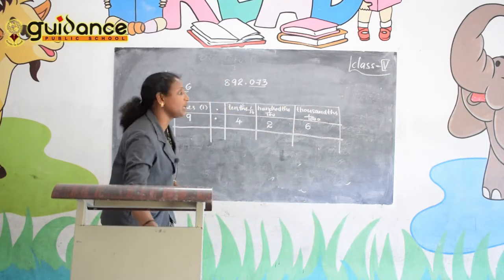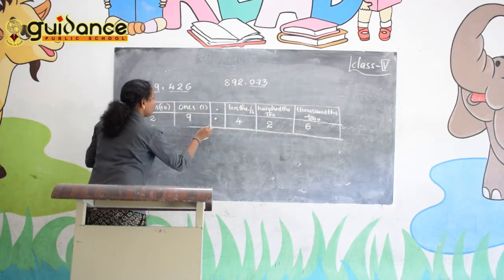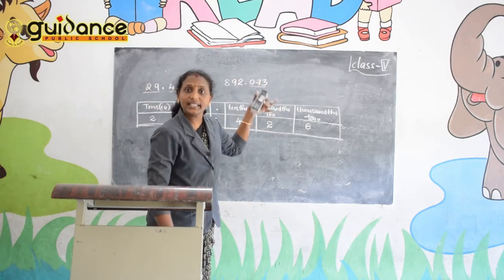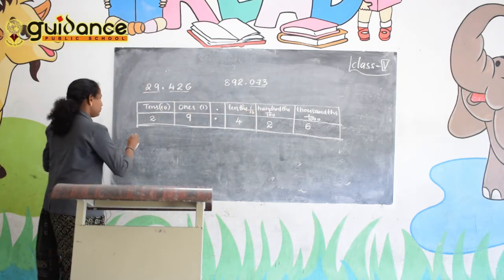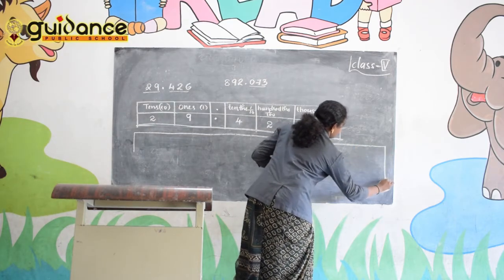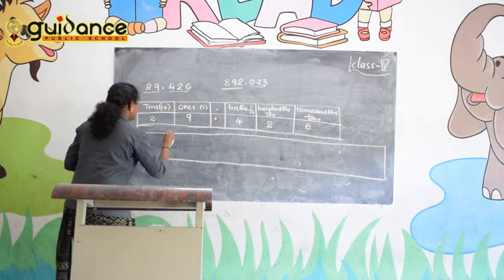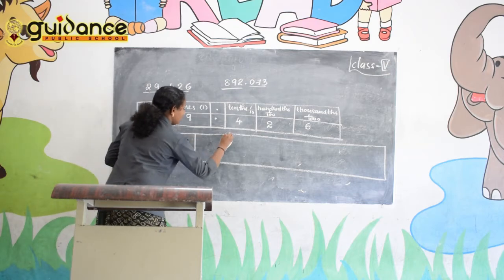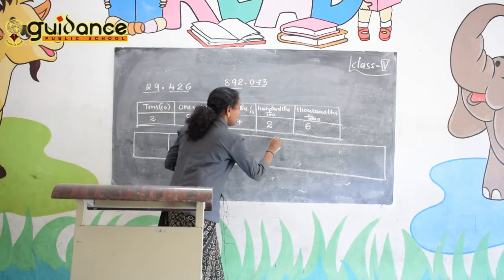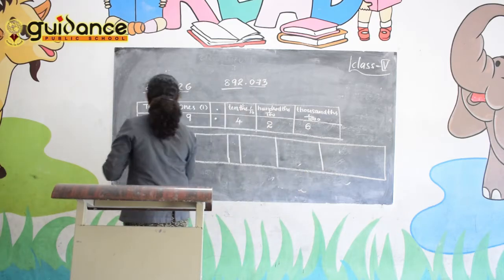Next we will draw the place value chart of this number. I told you the whole number part has 3 digits, that means we will draw 3 columns. Then for the whole number part, 3 digits, first, second, third. After that we will draw the decimal point space. Then on the fractional part, 3 columns, 1, 2 and 3.